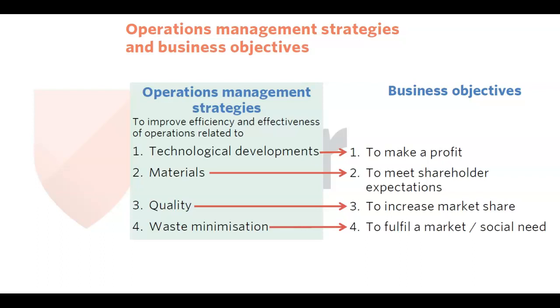So those four red arrows heading across to the business objectives, they're not pointing specifically to one, they're pointing to all of them. So we're saying that each of those four strategies can lead to achievement of business objectives. So the business objective is to make a profit, to meet shareholder expectations, to increase market share, fulfill a social need. So that's our effectiveness if we're actually meeting those business objectives. And we do that through implementing strategies to make our operations management system more efficient.